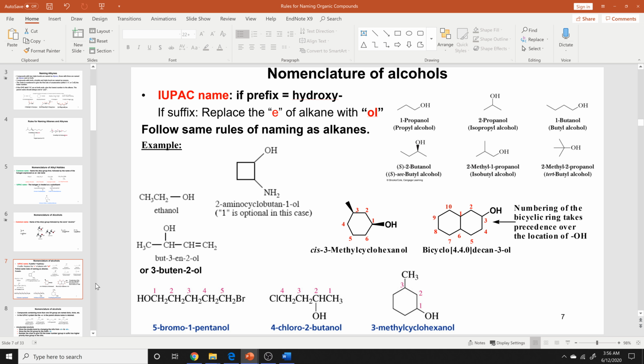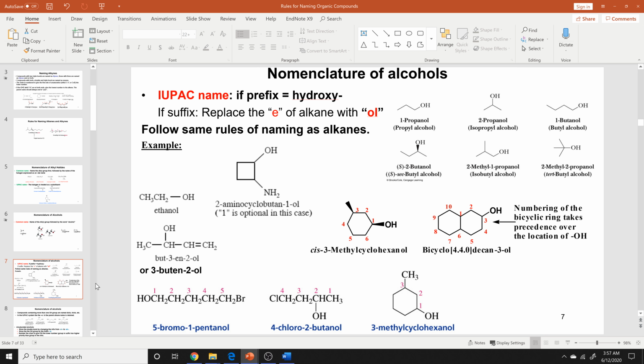Like for example, in here, I know that this is propane. If it was an alkane, I drop the e and put an ol, it's going to be propanol. Now I have to indicate where the OH is if it is on any other carbon other than 1. But if it's on carbon number 1, it's fine. I can drop the 1 and say propanol.